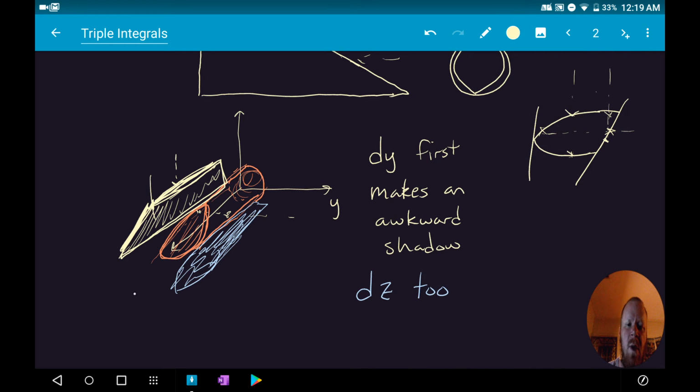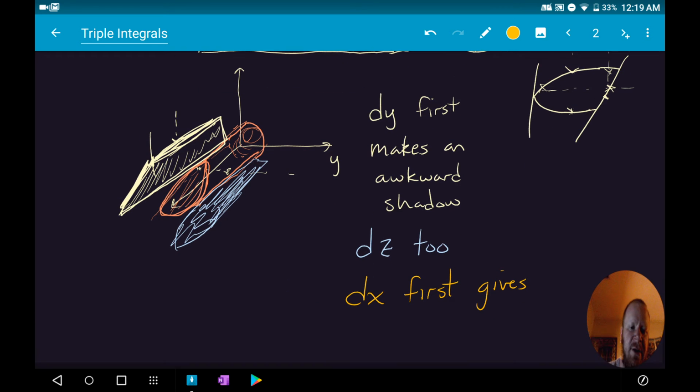But the dx shadow, so do that one last. The dx, that's going to give a nice shadow.